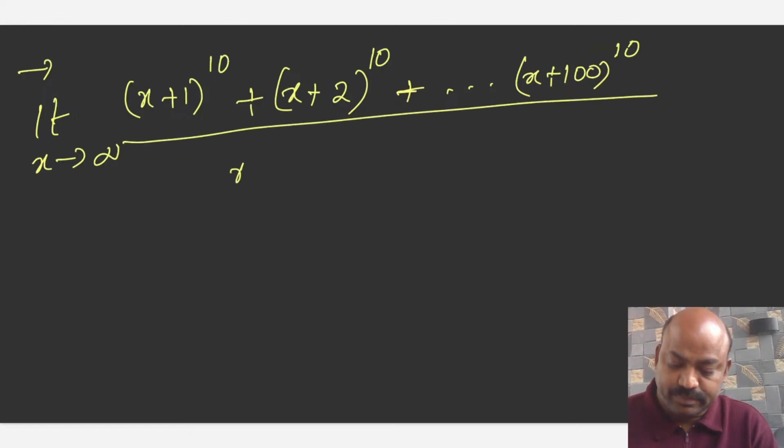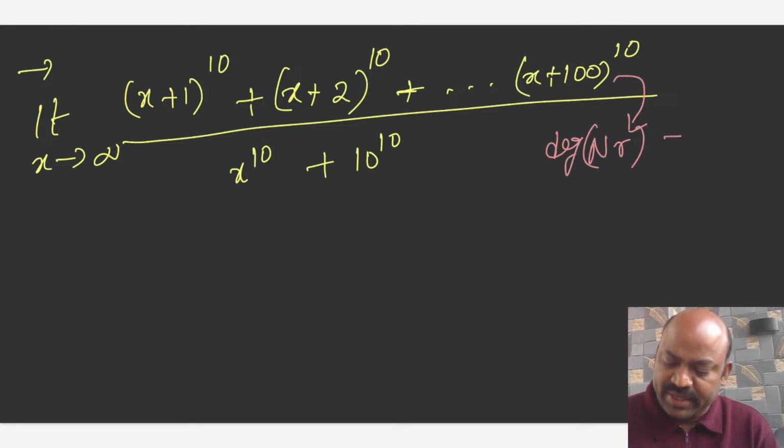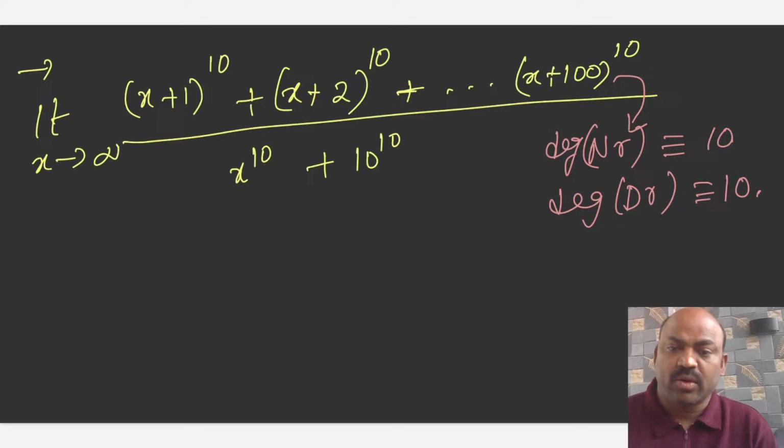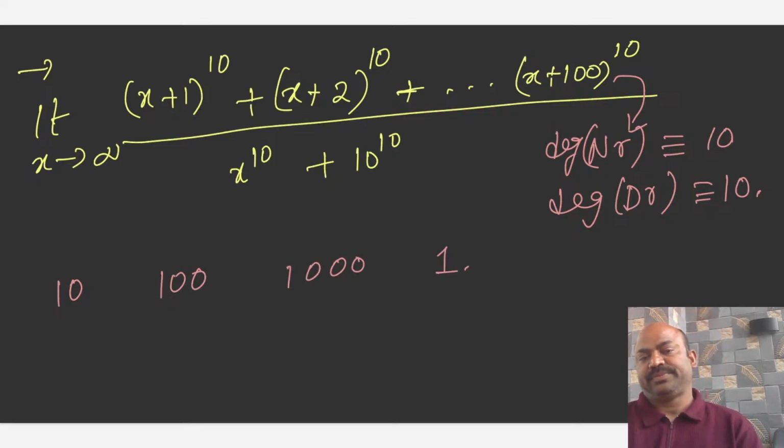Now how to proceed? Check the numerator degree. Degree of numerator is 10 only. Degree of denominator is also 10 only. So give me the final answer. 10, 100, 1000, and 1. Quick.